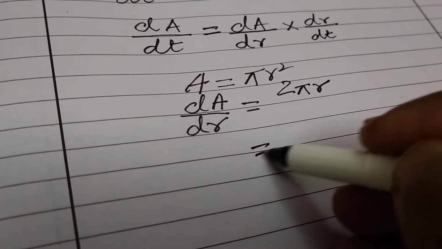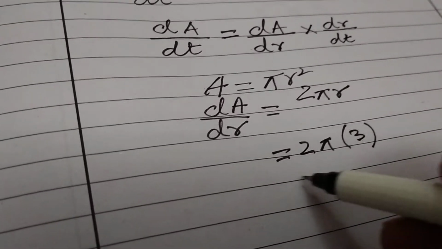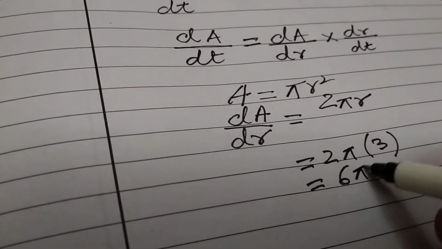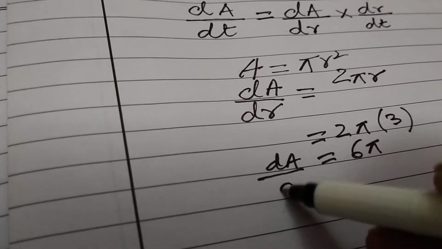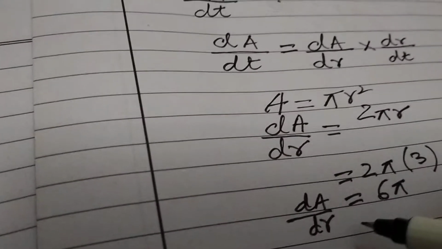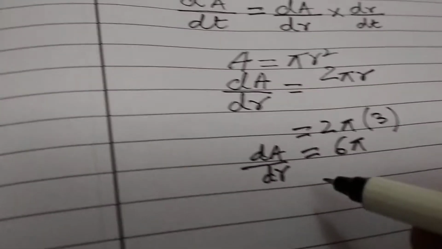And what is the value of r which is given in this question? It is given as 3, so we get 6 pi, and this is basically your dA over dr. We have differentiated area with respect to the radius.